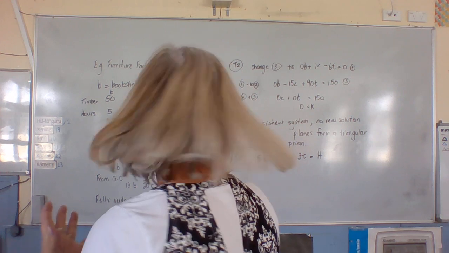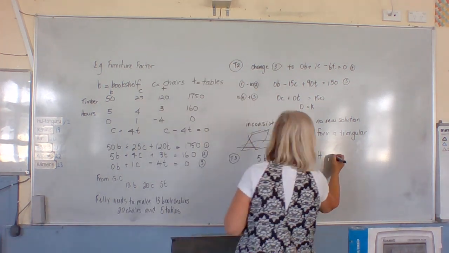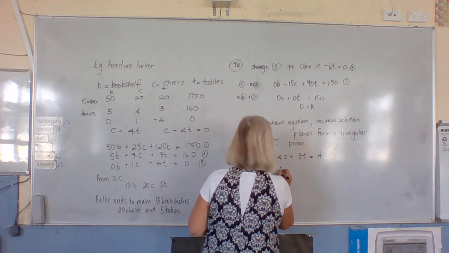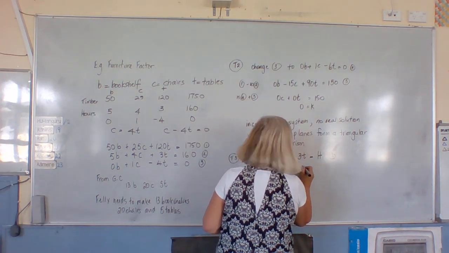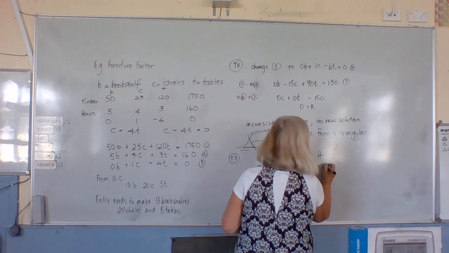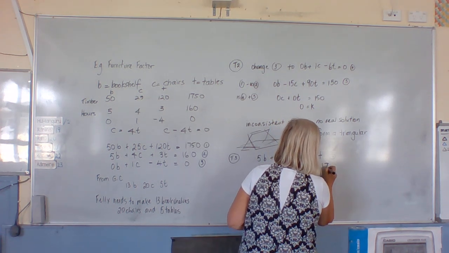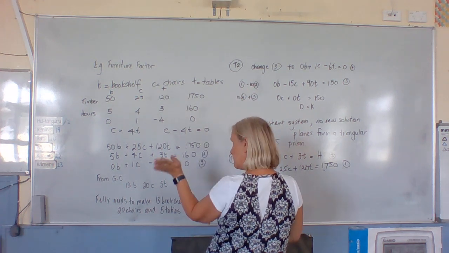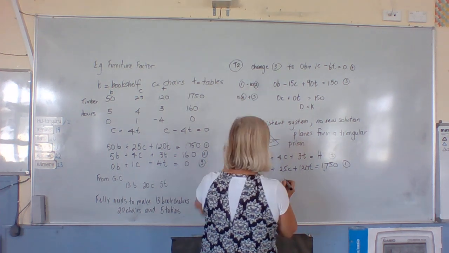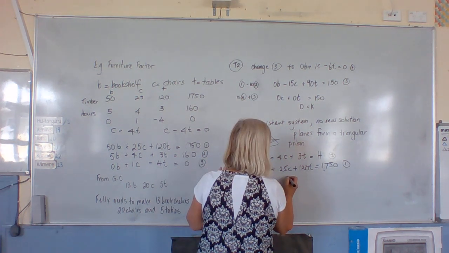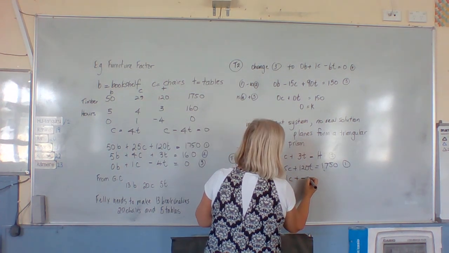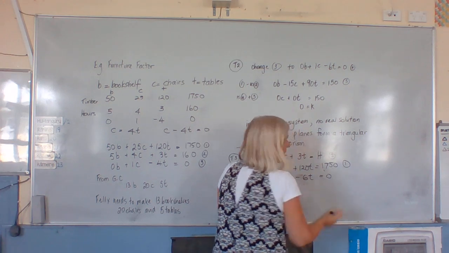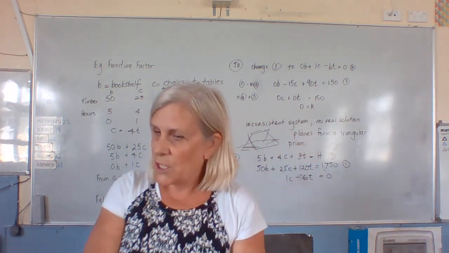So we've got our equations, this one, which was 2, this one, which wanted to stay the same, and this one, which is the ratio of chairs to tables.